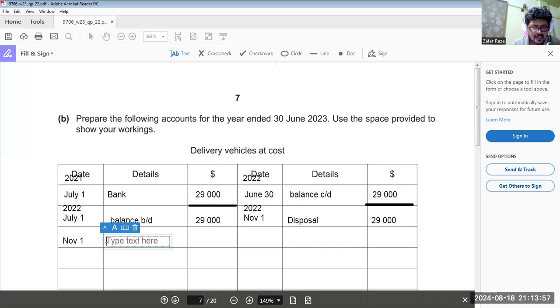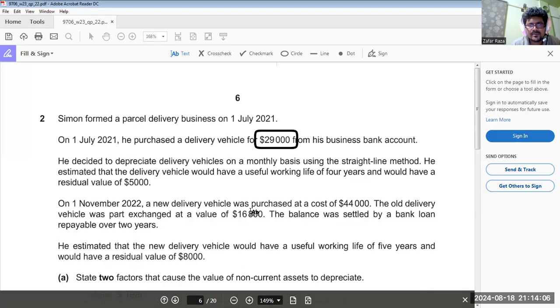So we'll write here the trade-in allowance that was given to us, 16,800. Now the cost of the new machine, 44,000, is not paid from the bank.